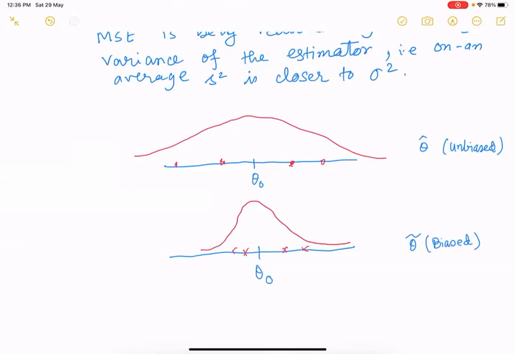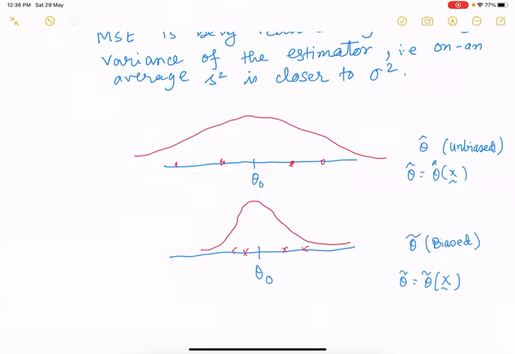My estimator will be only as good as my sample, whatever I have observed. So I would prefer an estimator which is on average close to my true parameter.